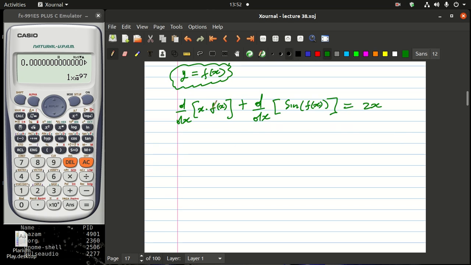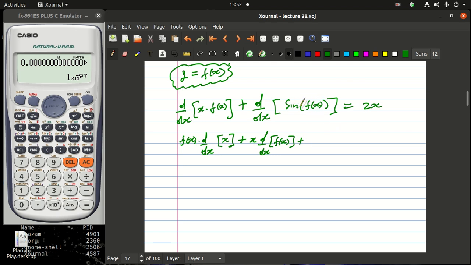Now, how can we take the derivative of this? We have a product rule here. So we are going to end up saying that, okay, this part here is going to be, we keep the second, so we're going to end up having x, and because this is a product, this is a function, this is another function, and then we take the derivative with respect to x of the first, which is x, and then plus we keep the first, and then we take the derivative with respect to x of the second, which is f of x, and then plus.